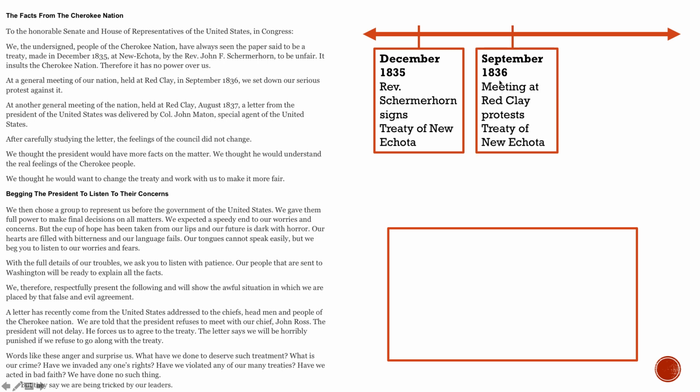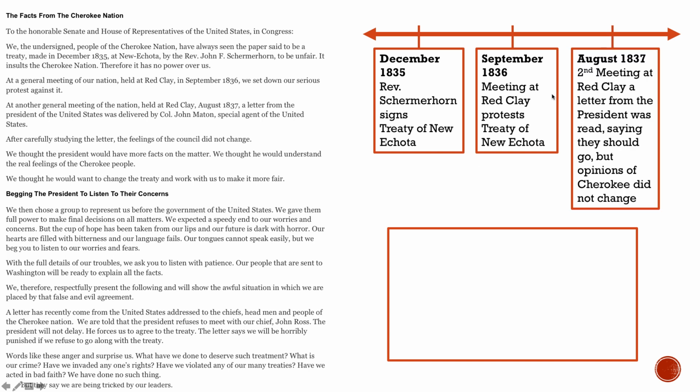Then it says in 1836 there was a meeting at Red Clay, and that was like the protest of this treaty. And then again, they met in 1837, and they read a letter from the president. And the letter said that they should go, but the opinions of the Cherokee didn't change. They didn't feel that the treaty was very fair. So putting together a timeline of these events is really helpful to help us understand the order of each of these events. Let's read on.